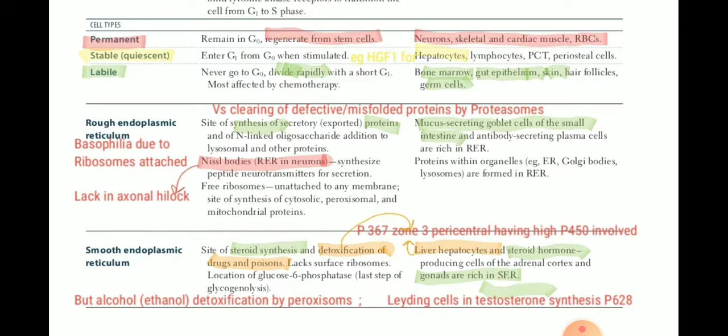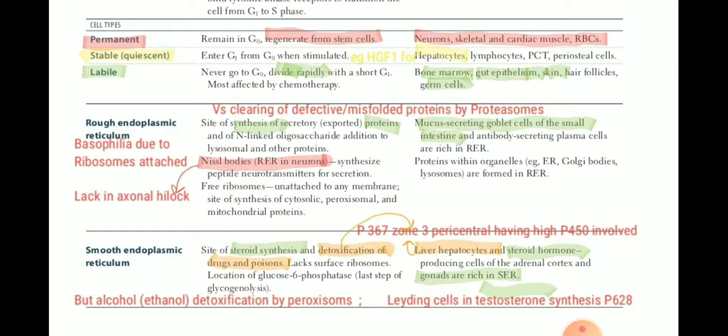Why? Because Leydig cells produce testosterone, which is a steroid hormone, synthesized in the gonads, so they are rich in SER. So the MCQ asked is Leydig cells synthesize testosterone, and they are rich in SER. So you have to jot this down from page 6 to 8 to here. You can go to that page to understand it better.